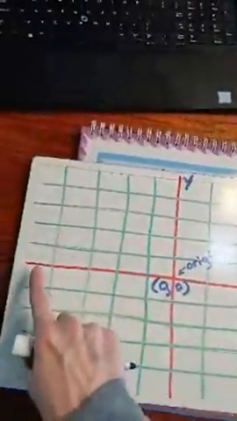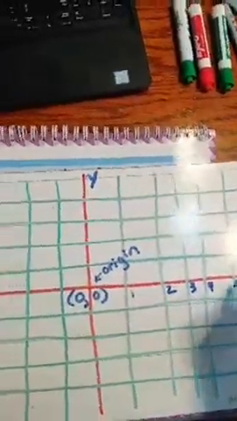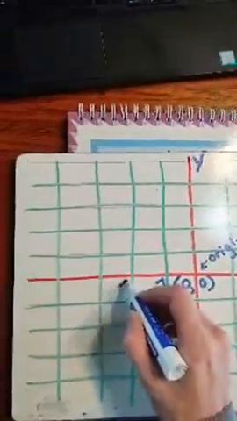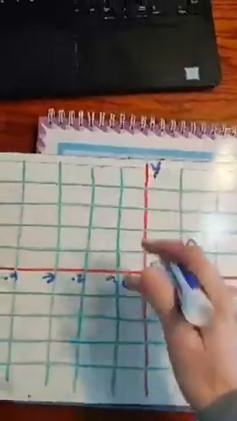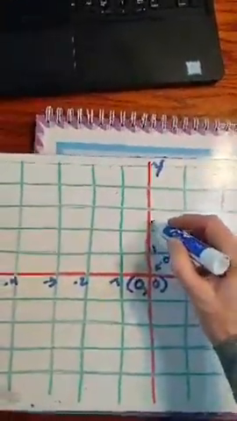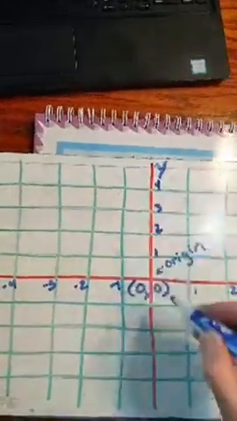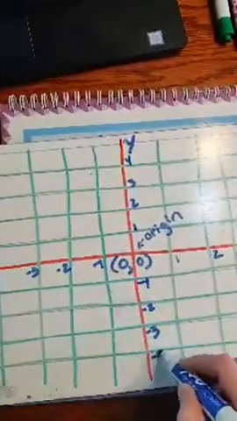Over here we have negatives, over here we have positives, just like on a number line. So I've got 1, 2, 3, 4, 5, and back here I've got -1, -2, -3, -4. Same thing here. Think of a thermometer going up and down. Here I have 1, 2, 3, 4, and down here I have -1, -2, -3, -4.